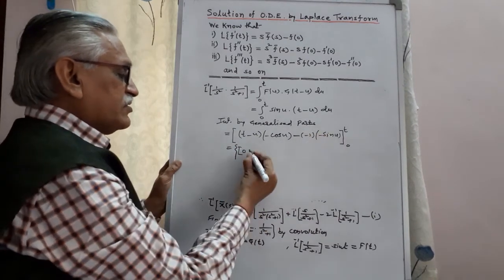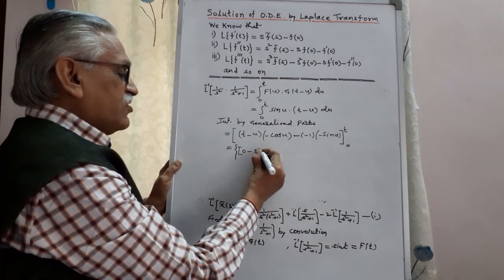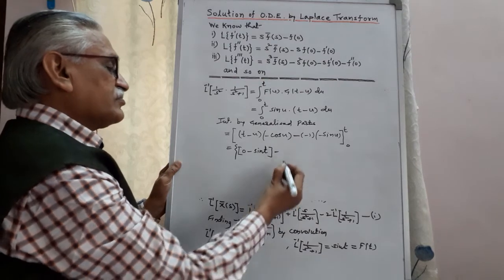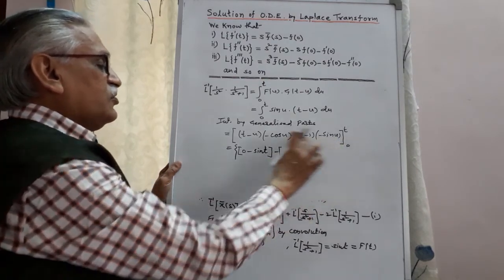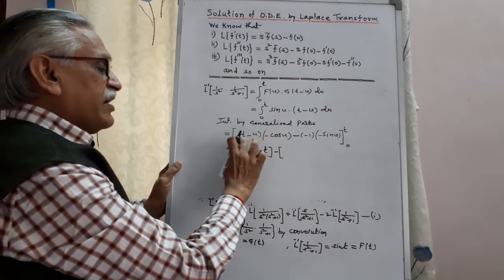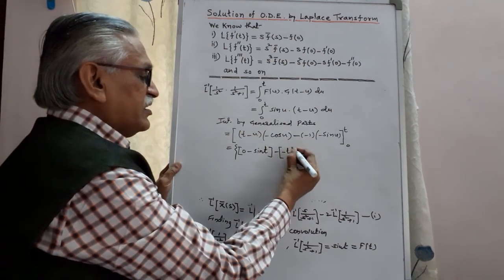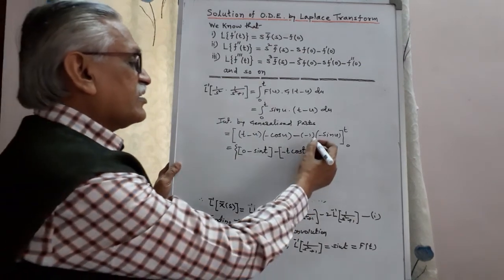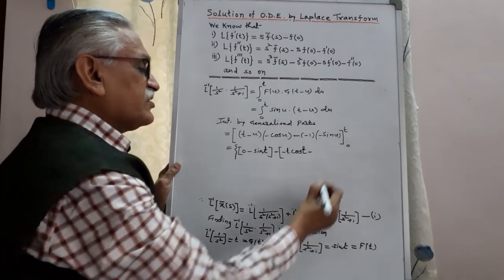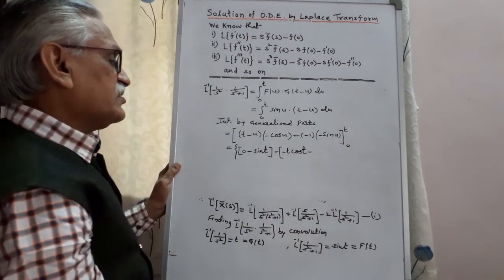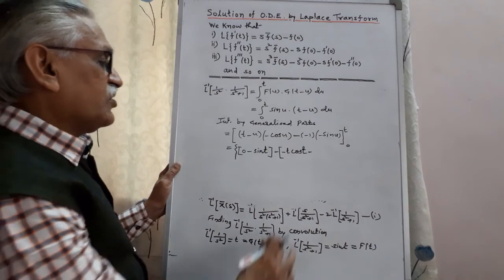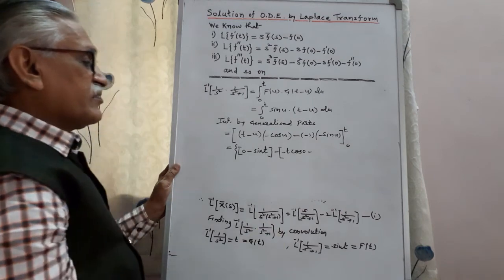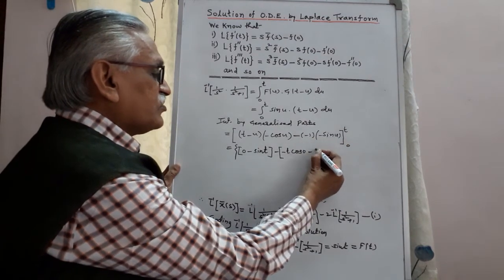Minus minus minus, 3 times minus sine of t, minus, u has 0 here, therefore it is minus t cos of t, and this minus minus minus 3 times minus cos 0 and sine 0.